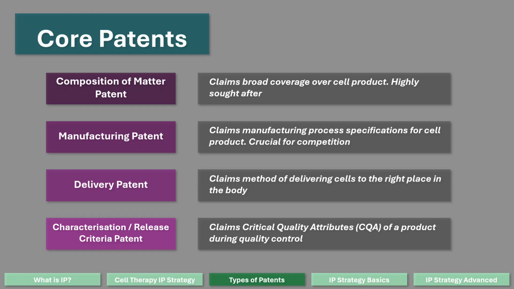It refers to a defined set of criteria for cells to meet after manufacturing as part of quality control. These can include a cell surface marker profile or a viability threshold. In cell therapy, every batch, known as a lot, must meet these release criteria before it can be administered to patients.